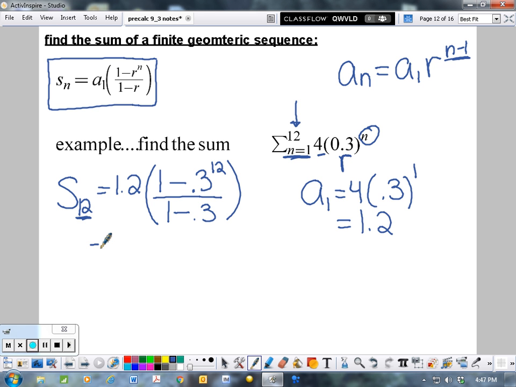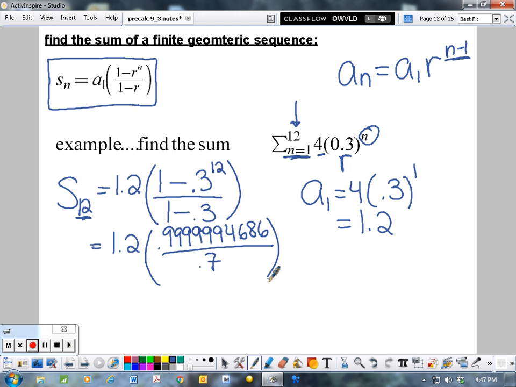So when I'm going to calculate this, the first thing I'm going to do is 0.3 to the 12th power, and then I'm going to subtract that from 1. So it's going to give me an interesting decimal, 0.999. There's a lot of them. I think there's 6. And then I'm going to divide by the 1 minus 0.3, which is 0.7. Now you don't want to round this decimal and keep rounding throughout your work, because the more rounding you do, the more errors you make.